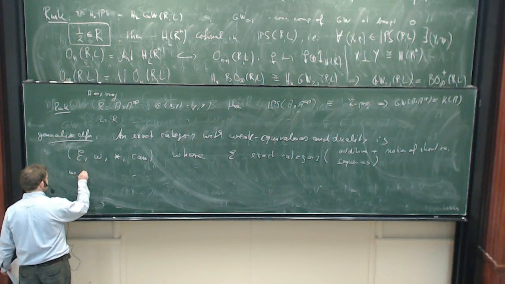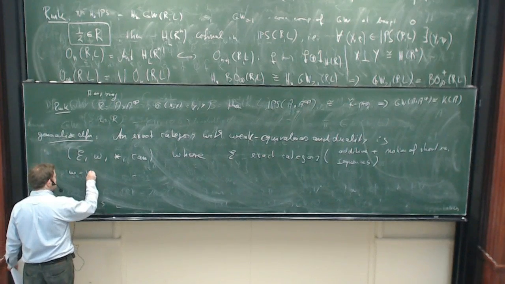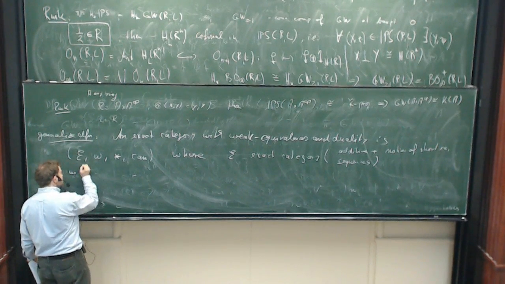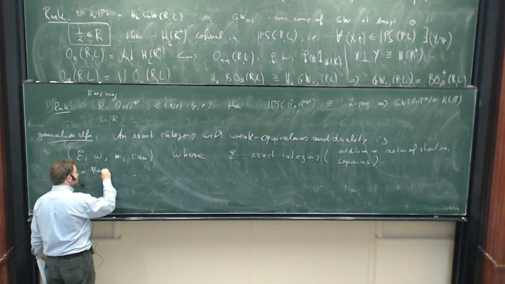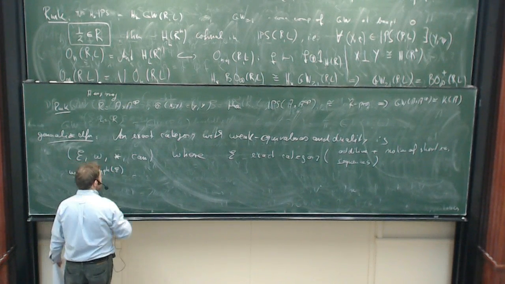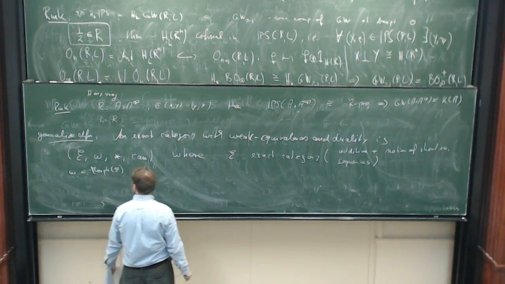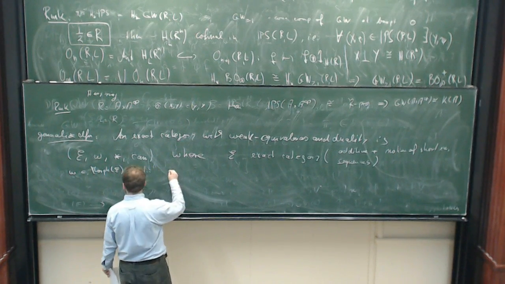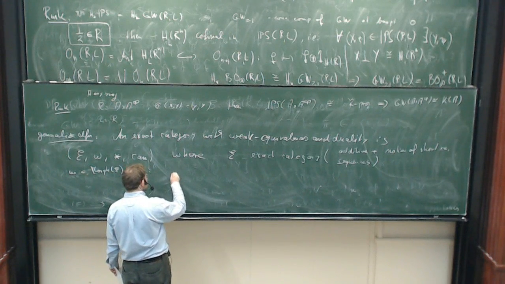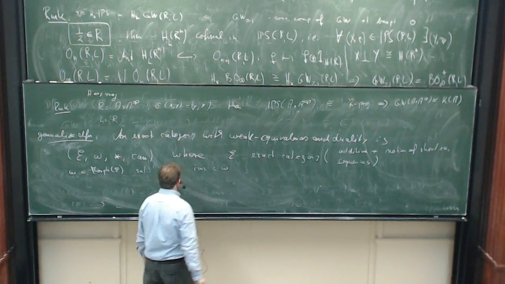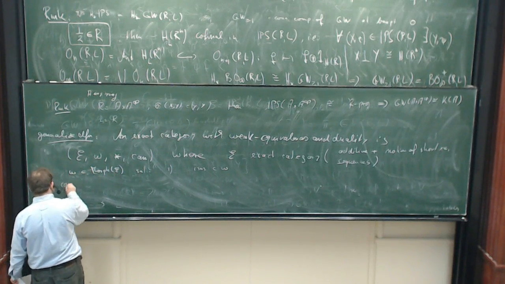Then W, sometimes also written as a category, is a set of morphisms of E satisfying some assumptions. For instance, all isomorphisms. They're called weak equivalences.